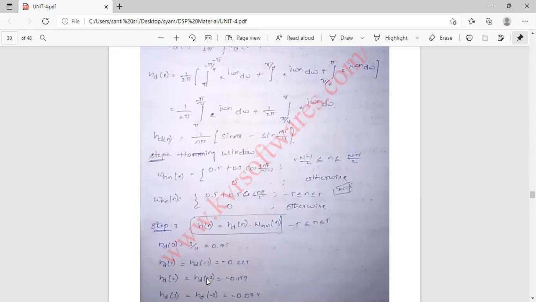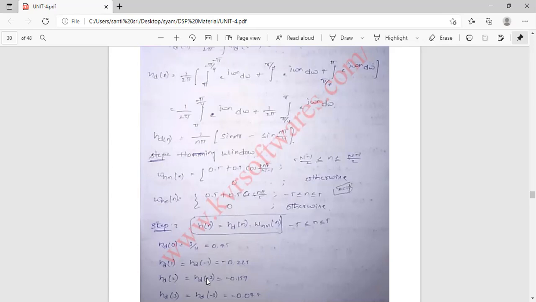So it is equal to 0.5 plus 0.5 cos n pi by 5, here N is 11, minus 1 is 10, by 2 is 5. So cos n pi by 5 from minus 5 less than or equal to n less than or equal to 5, and 0 otherwise.